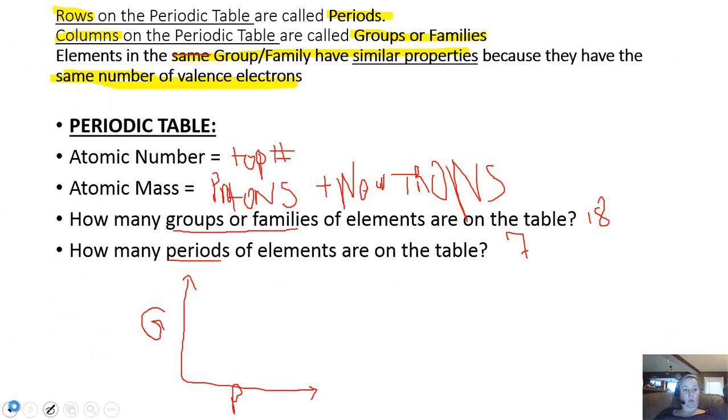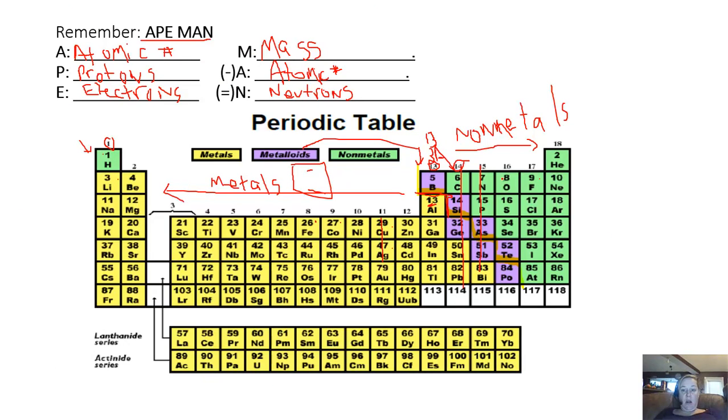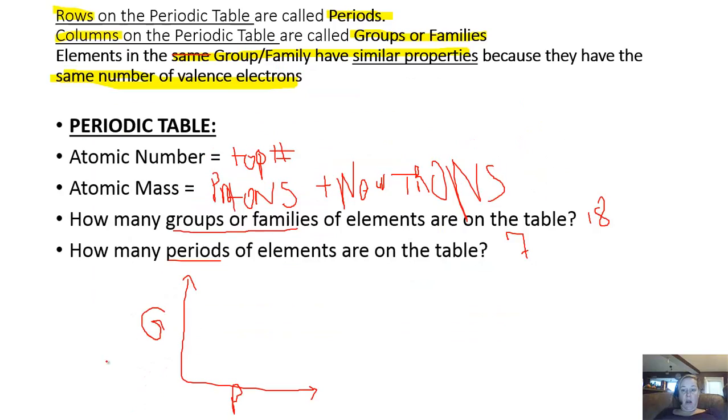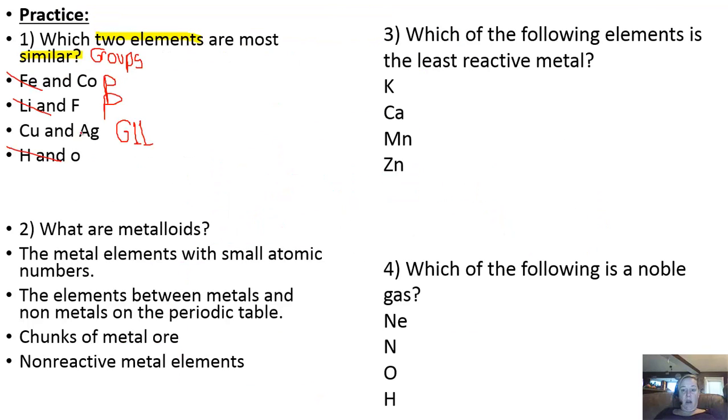All right, what are metalloids? I'm going to highlight metalloids. And what do I know about metalloids? I know that metalloids share properties with metals and nonmetals. I know that. So, the metal elements with small atomic numbers, no. They're not metals at all.